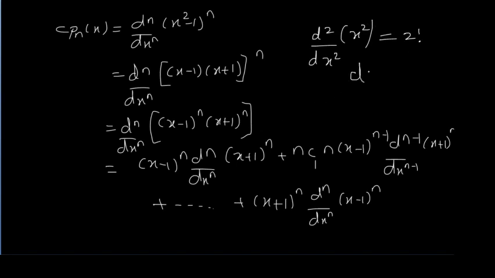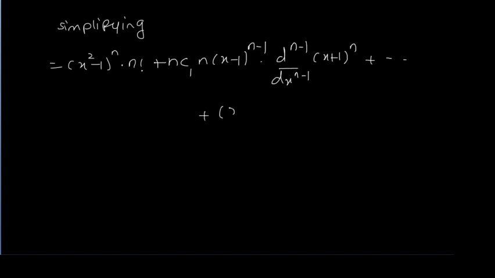Similarly, if we differentiate d cube by dx cube of (x minus 1) whole cube, then clearly the order of differentiation is 3 and the power of x minus 1 is also 3, both are the same. Its third order differentiation is clearly 3 factorial. So the nth order differentiation of (x plus 1) whole raised to n is n factorial. Like that we obtain this as n factorial.